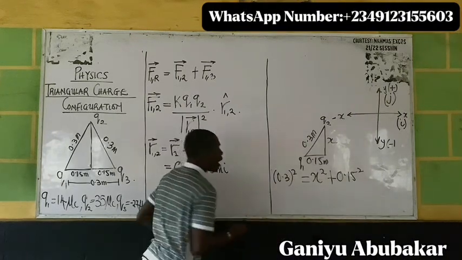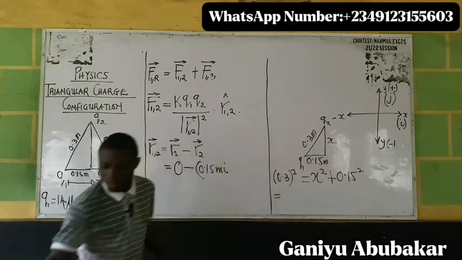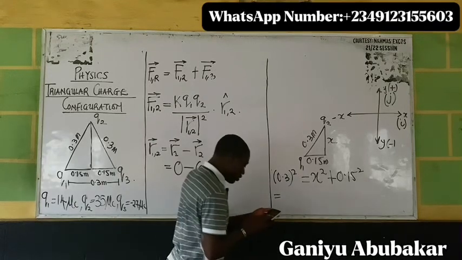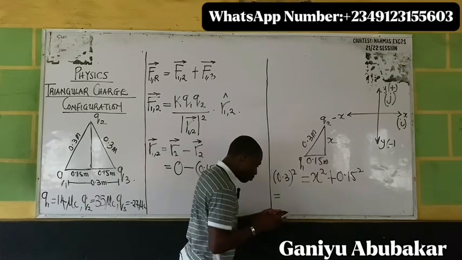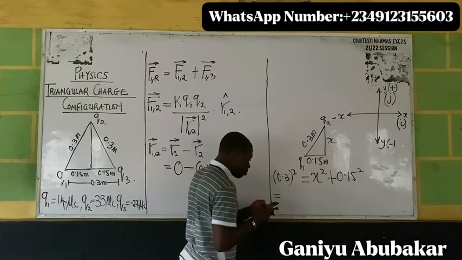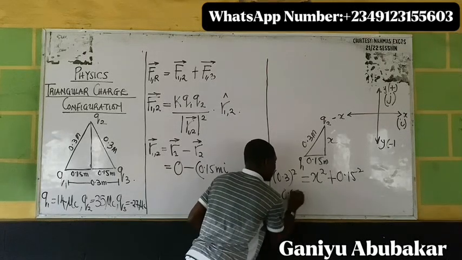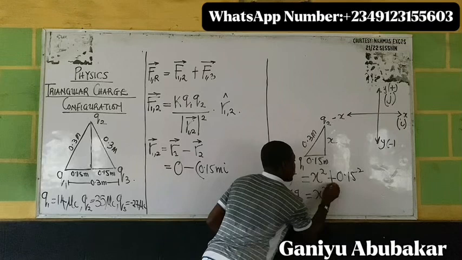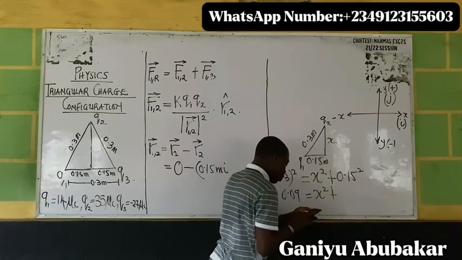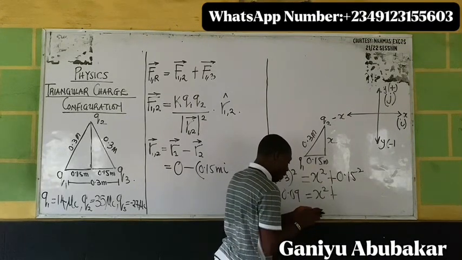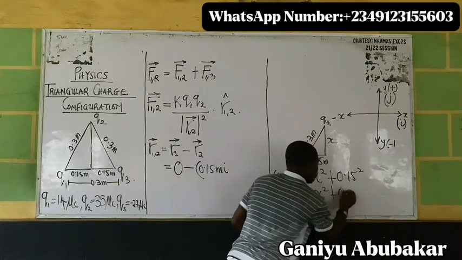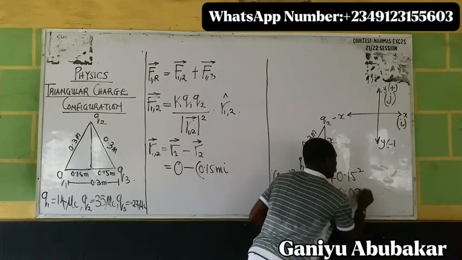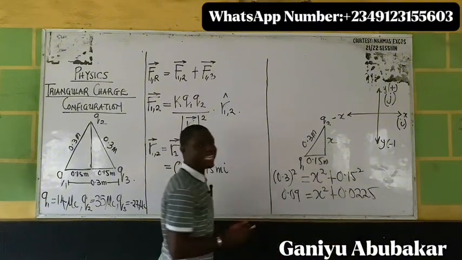What do you have here? 0.3 squared is about 0.09, is equal to x squared plus 0.15 squared, which gives about 0.0225. Let's get x squared.